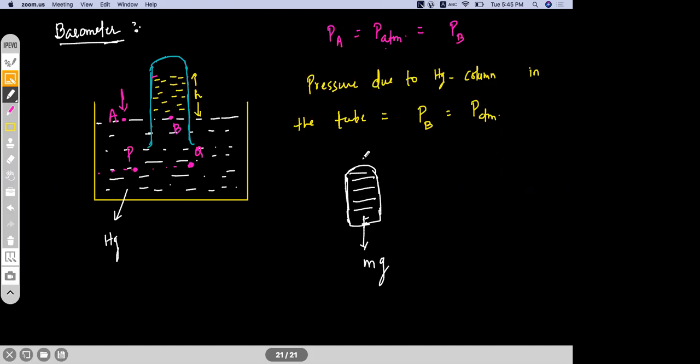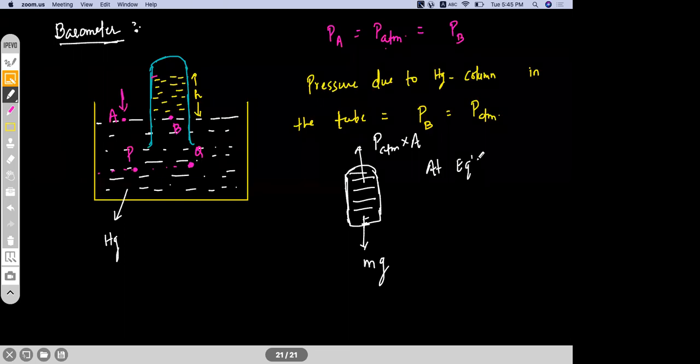And this B will exert pressure, P atmospheric, into the area of cross section, which becomes a force in the upward direction, and the weight component is in the downward direction. No doubt in this.